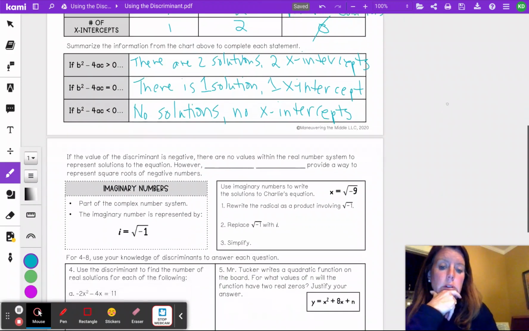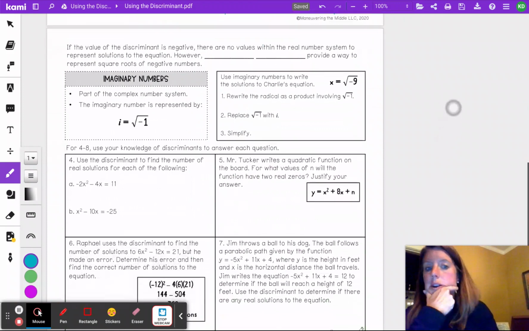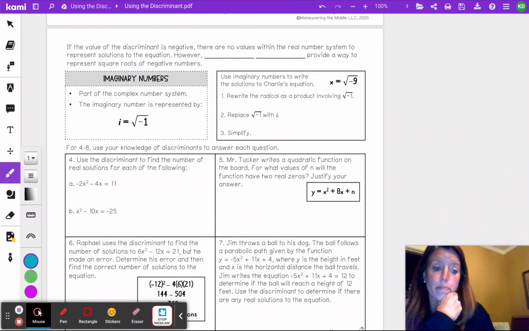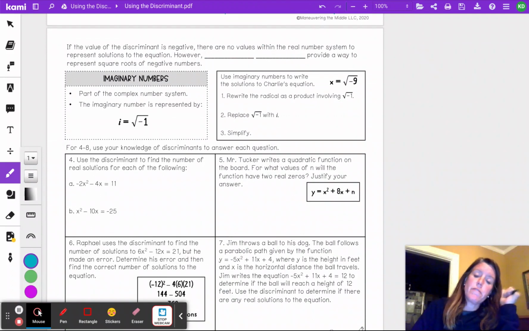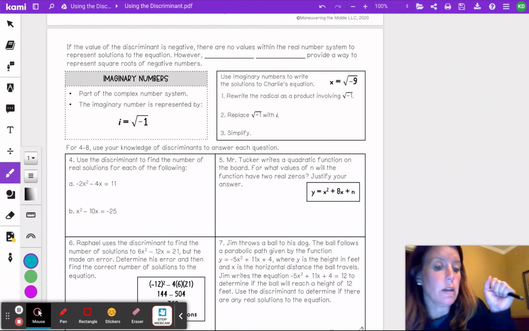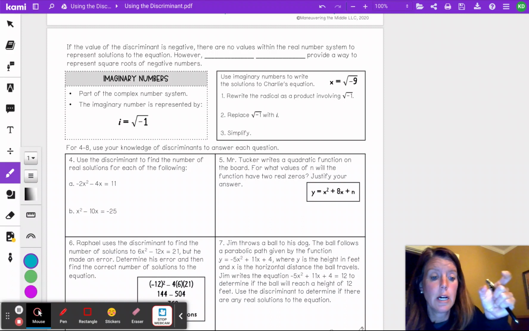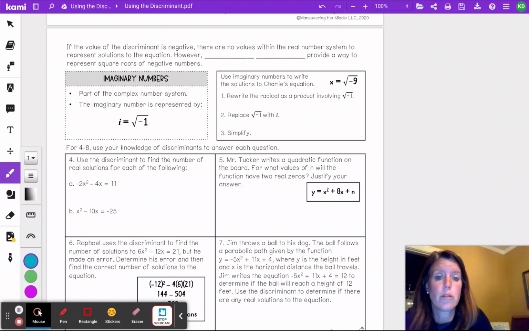All right. Here's where things get a little fuzzy for Miss Flick. If the value of the discriminant is negative, so again, that number inside of the square root, because the discriminant is that value inside of the square root sign, if that is negative, there are no values within the real number system to represent a solution to an equation.